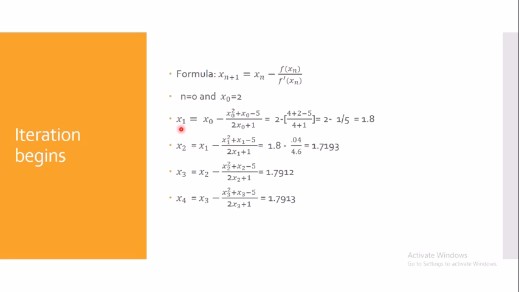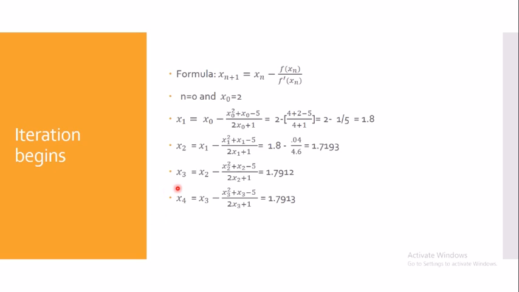Already in the first iteration you have obtained the value for x1, and that is 1.8. Substitute the values in this formula, then after calculating you will get the value 1.7193.